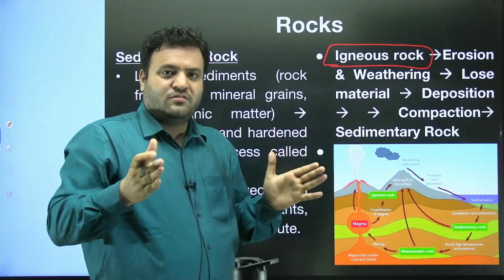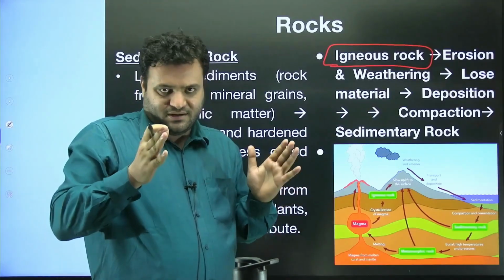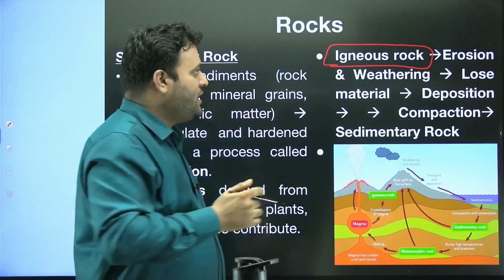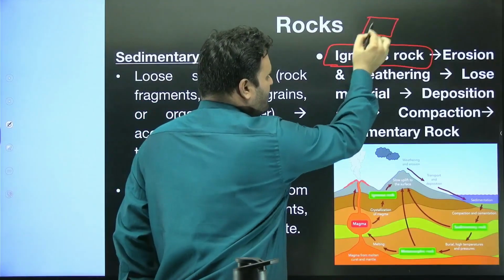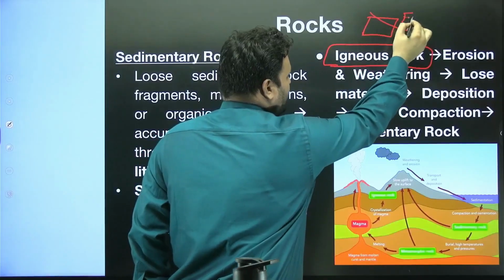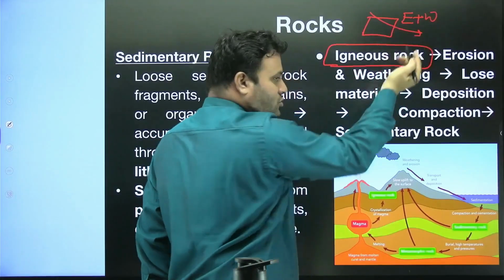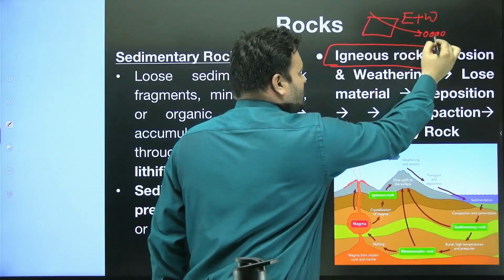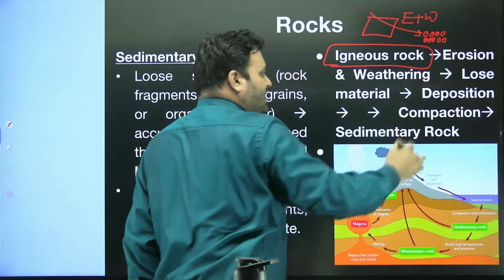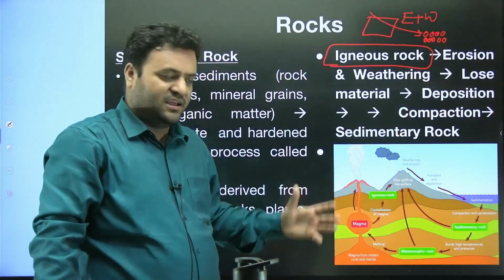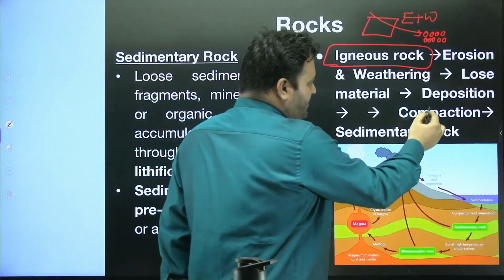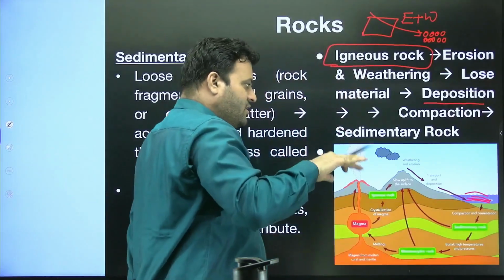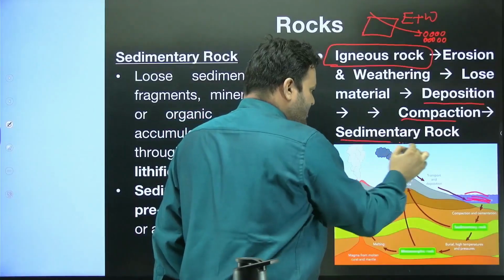The strength of igneous rock is going to decrease as a result of erosion and weathering action, due to which this igneous rock is going to lose its texture and will be in small granules. These small granules, here we are referring to sediments, loose material. Then this loose material will be deposited constantly, and when it leads to deposition, ultimately there will be compaction, and as a result there will be a formation.